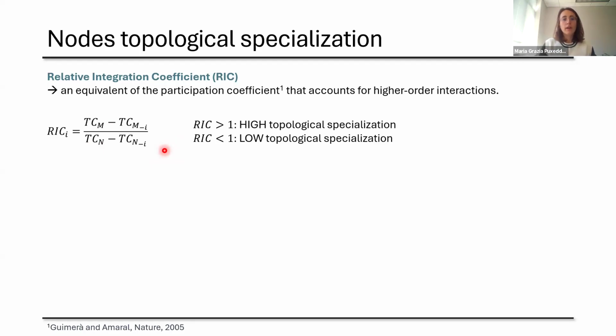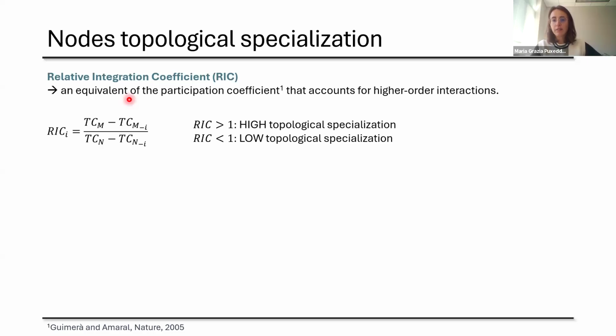And so we have high values of relative integration coefficients, and specifically values that are greater than 1, when we have high topological specialization. So when the node i contributes a lot to the redundancy of its own module, because it means that if we take it out, we have this term that disappears, and this ratio should be higher than 1.